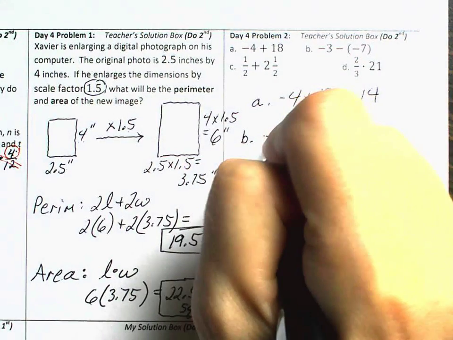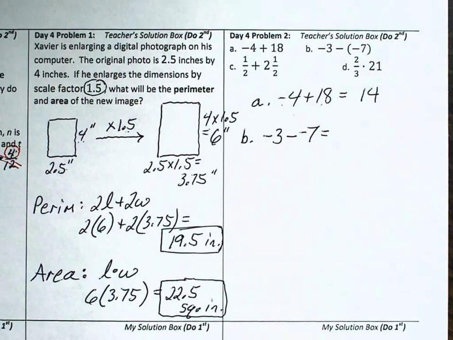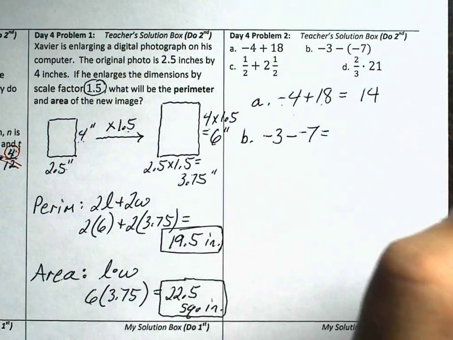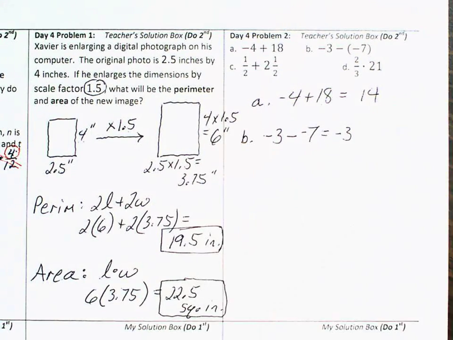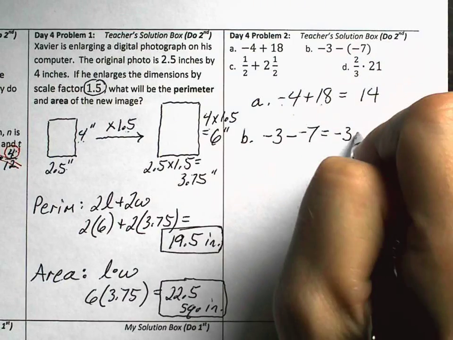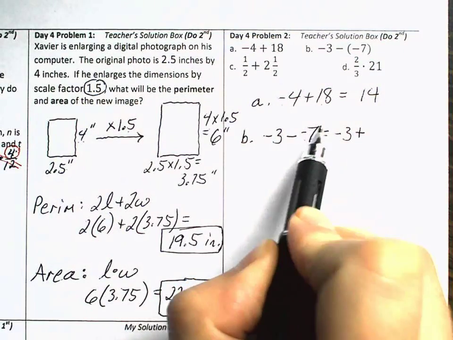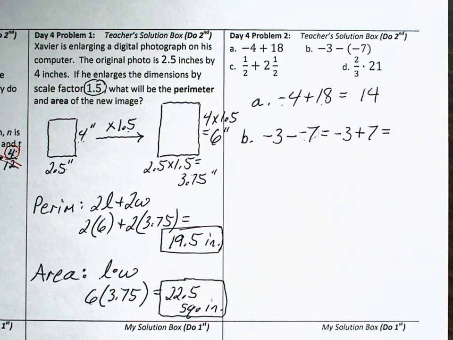Question B, -3 subtract -7. One way to do a subtraction problem that involves negative numbers to make it a little easier to visualize what's going on is to rewrite the question. So let's rewrite it as -3 plus, and then change this number to +7. So we have the question -3 plus 7.